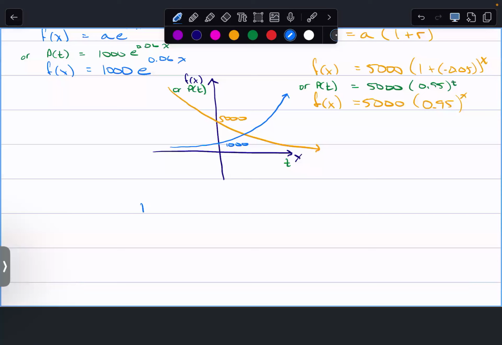So town A brings its 1,000 times e to the 0.06x, and town B brings its 5,000 times 0.95 to the x.